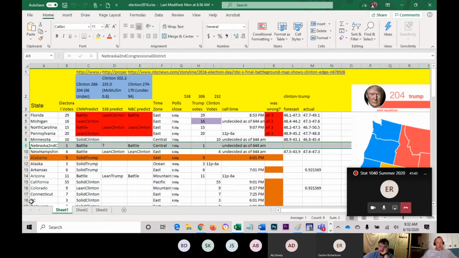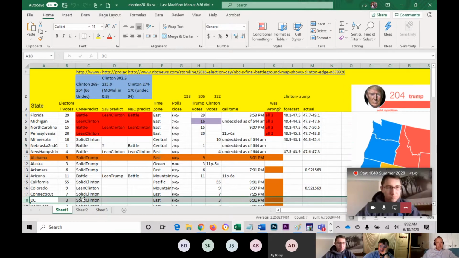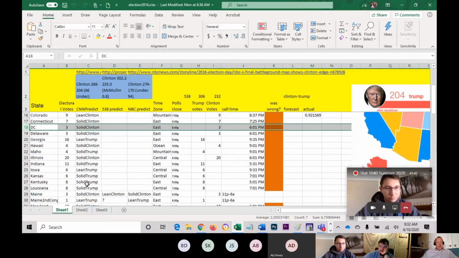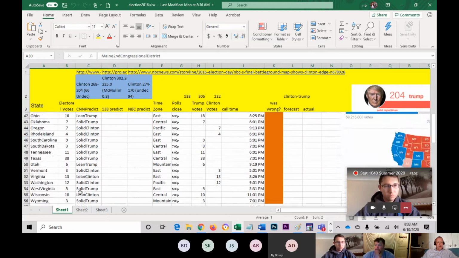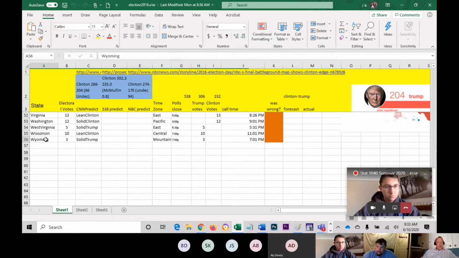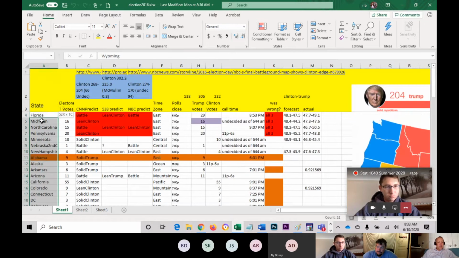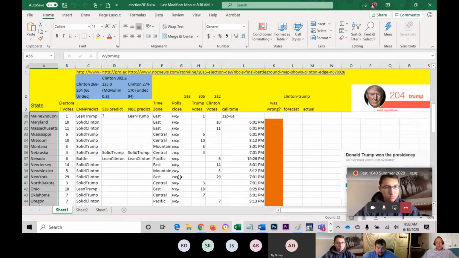And then you also have Washington, D.C. as another one, and the Maine congressional district. So if we add these up, there's going to be a little bit more than 50 states here. We've got 53 states or congressional districts, okay?